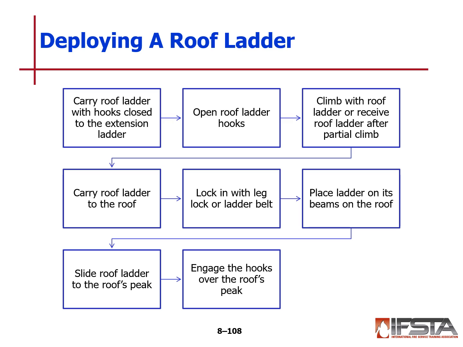Next, we carry the roof ladder to the roof. You'll need that on your shoulder and you'll need it balanced out. Lock in with a leg lock or use your ladder belt. Then place the ladder on its side or on its beam on the roof. Slide the roof ladder up to the peak and then rock it over and engage the hooks over the roof's peak.